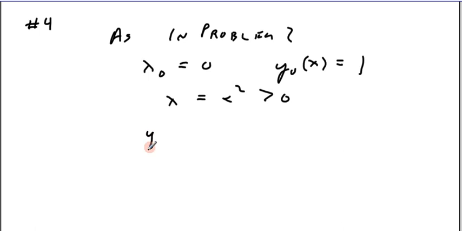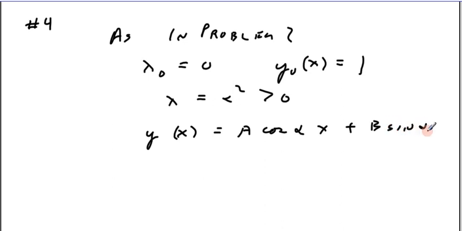And we have a characteristic equation, y of x is equal to a cosine alpha x plus b sine alpha x. So that's what we have.